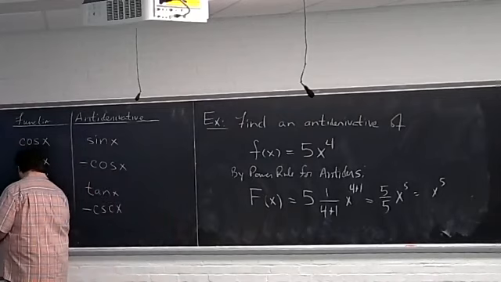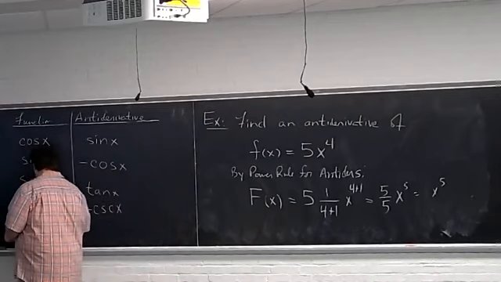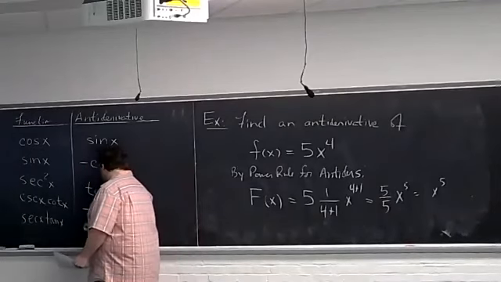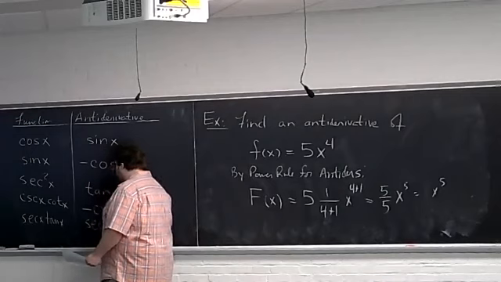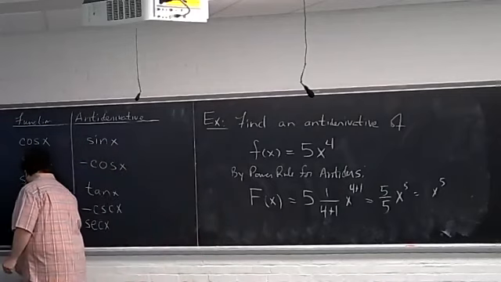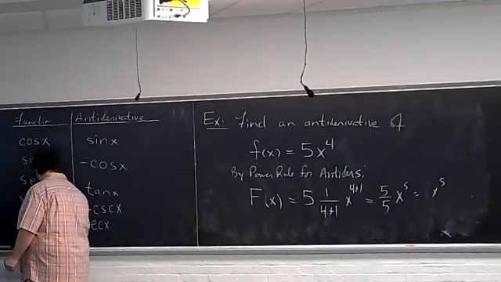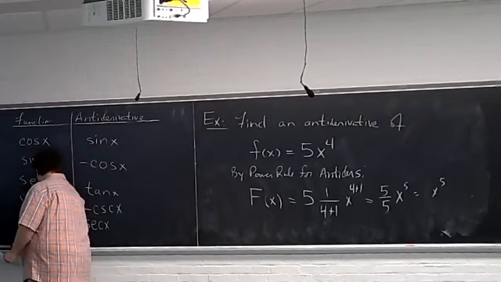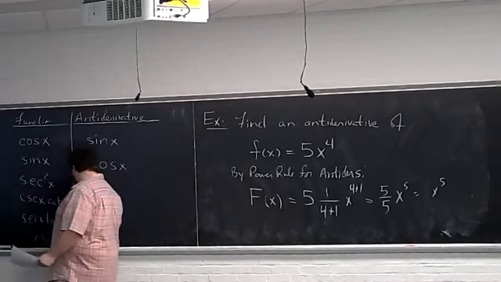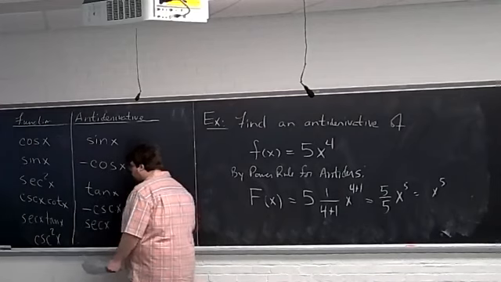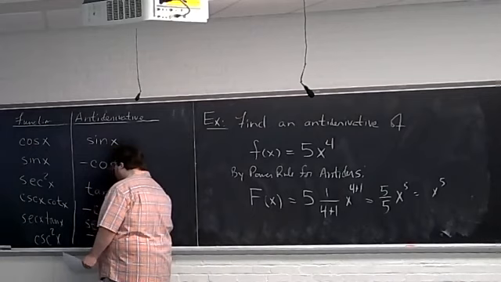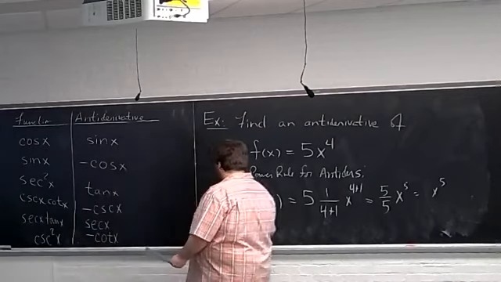The derivative of secant x is secant x tangent x. So antiderivative of secant x tangent x is secant x. And last, the derivative of cotangent is negative cosecant squared. So antiderivative of cosecant squared is negative cotangent.